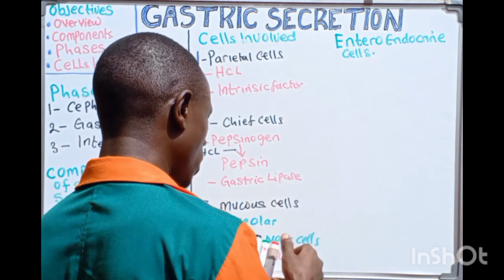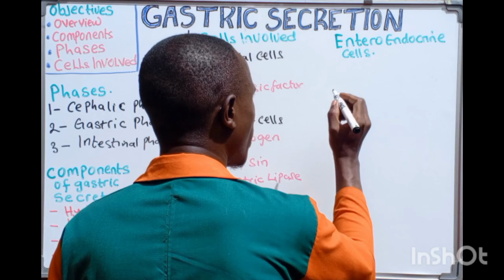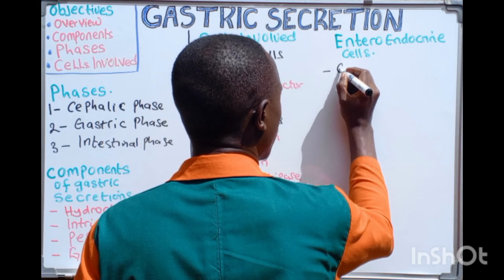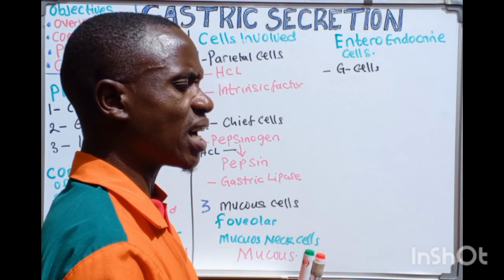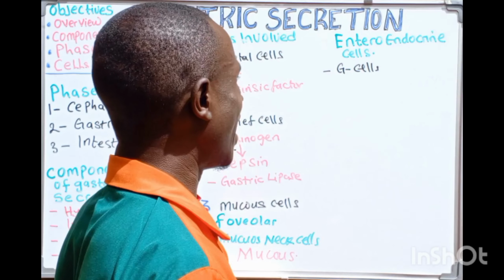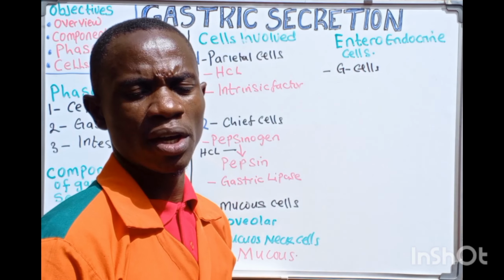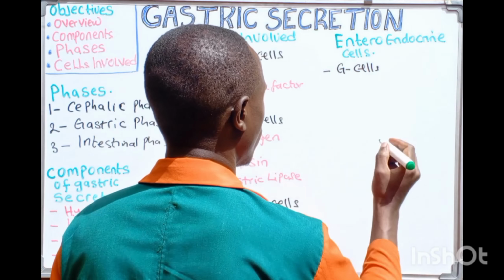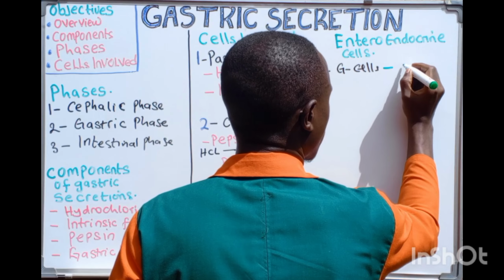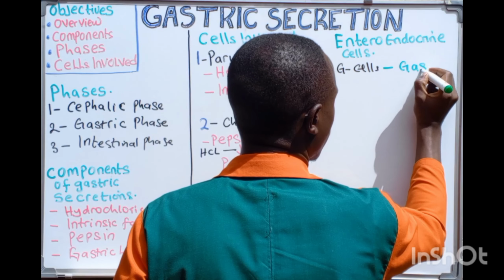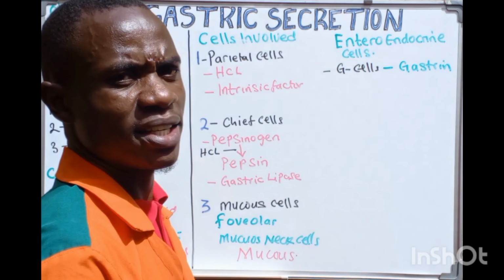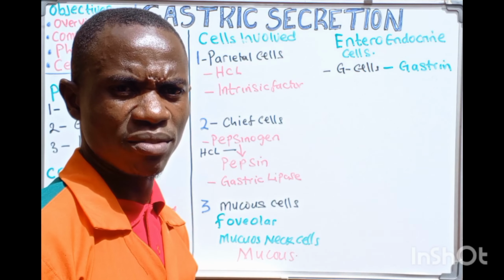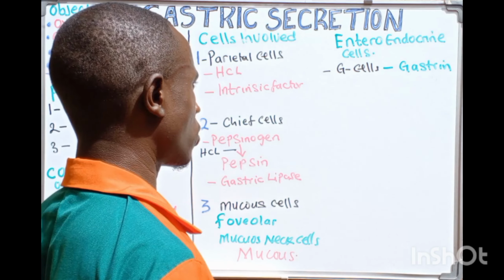The most important ones here are the G cells. These G cells release a hormone called gastrin, which has the ability to stimulate the parietal cells and the chief cells to produce their own secretions.